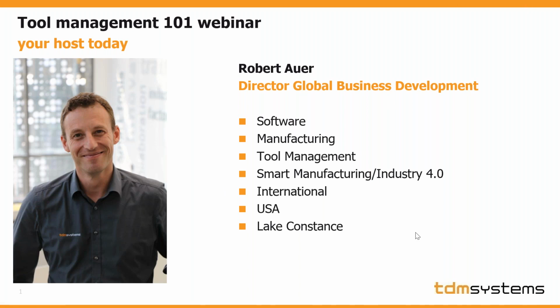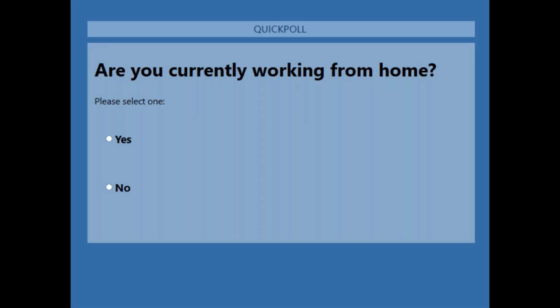Speaking of at home right now, this webinar tool has a nice polling tool, so I can ask questions and you can give me an answer. Let's give it a try. I'm actually quite curious. How many of you are currently working from home? You can answer by just clicking yes or no. Let's see.